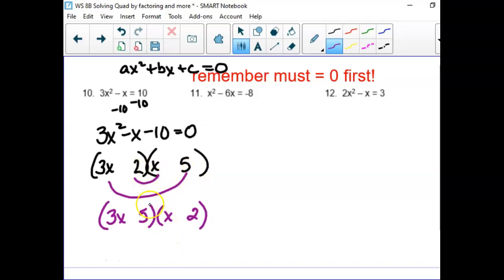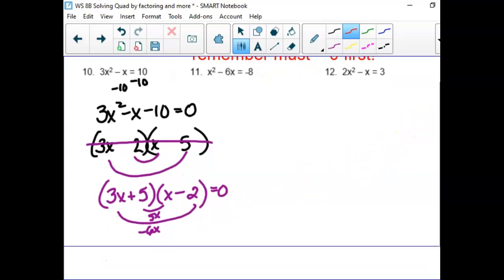I switched the 2 and 5, so this didn't work. Now I have a 5x and a 6x. That sounds promising, right? To get a -10, I need one of them to be negative, and I want a -1 in the middle. So if the 6 was negative, my negative would be back here. Now, the answers are not -5 and 2. I always get somebody who just looks at this and says you take the opposite of this number back here, but that's not how that works, right?